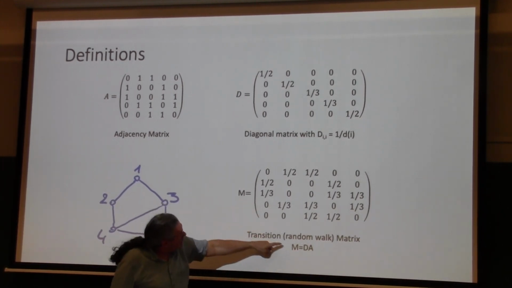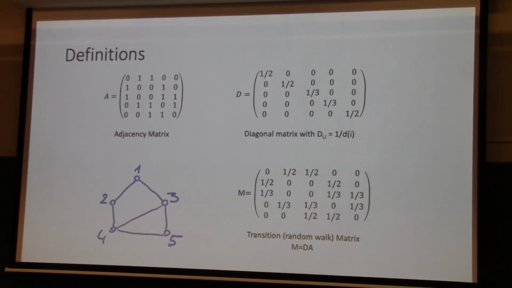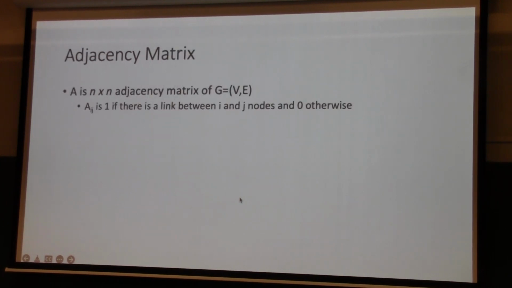And this matrix is actually D times A. So there's 2 matrices that are really important here. The adjacency, which gives you the graph, and the transition matrix, which gives you the probabilities. Okay? So formally, A is n by n adjacency matrix of the graph.